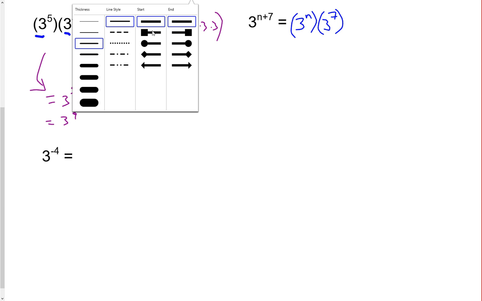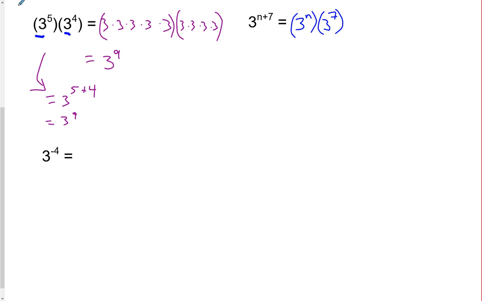If you've seen negative exponents before, and you know how they work, can you post in the chat and just let me know that you've seen it before? Because this is one I'm less sure how many people have seen before. So if that's familiar, negative exponents, can you please post that in the chat?